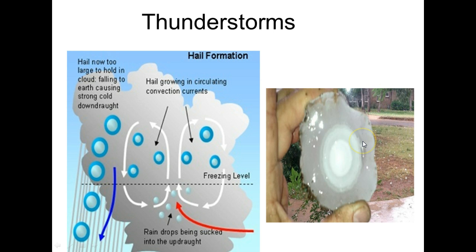You can actually count the number of times this hailstone was pushed back up and down and refrozen into a larger object by examining the rings, just like you do on a tree. So these rings now give a great idea of how many times that raindrop was refrozen into a hailstone. So the size of the hailstone gives an idea of how many times that has happened.